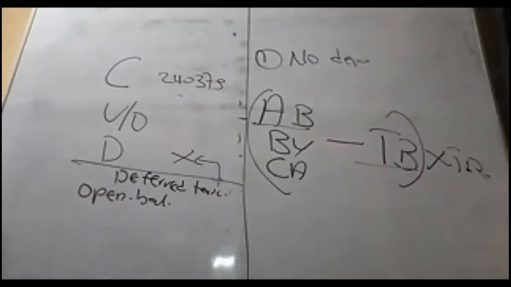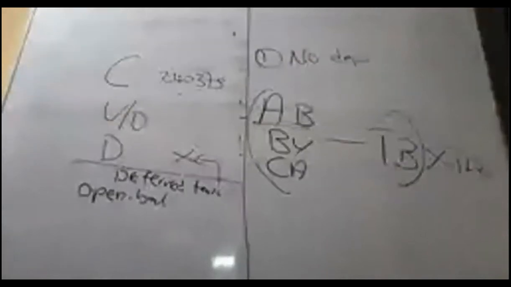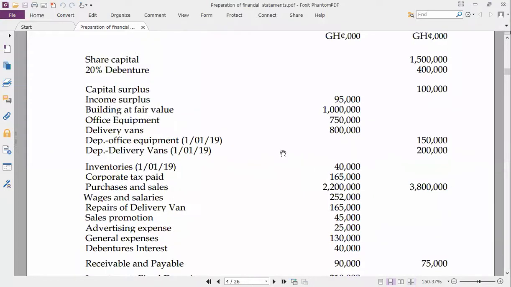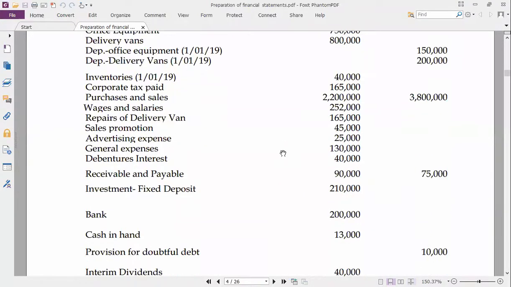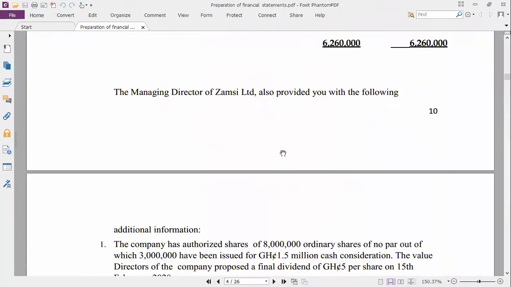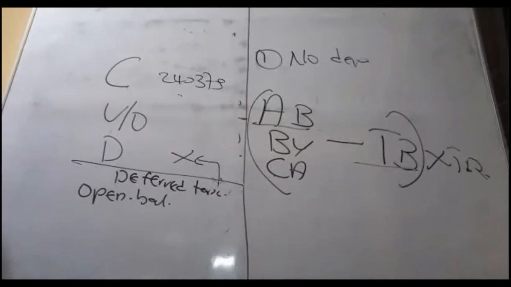If you go through the trial balance, there's no open balance, there's no deferred tax. So let's scan one after the other. No deferred tax, no deferred tax. Yes, no deferred tax.